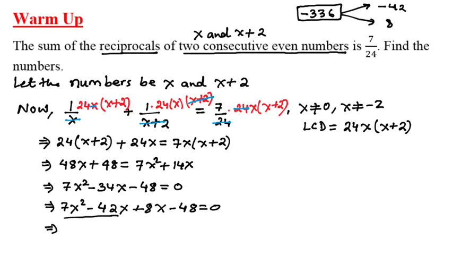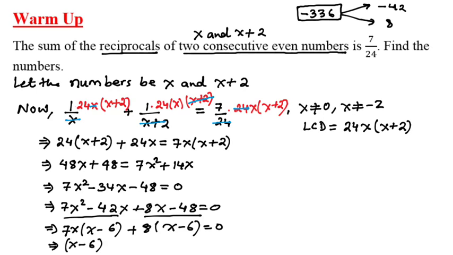We factor by grouping. In the first group we have a common factor of 7x, so we get x minus 6, plus in the second group 8 is the common factor, x minus 6, equal to 0. Further, it can be written as x minus 6 multiplied by 7x plus 8 equal to 0.